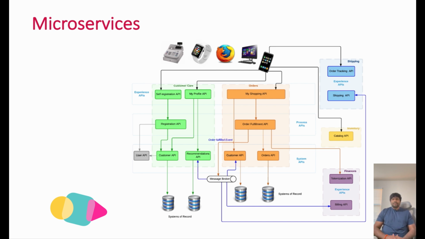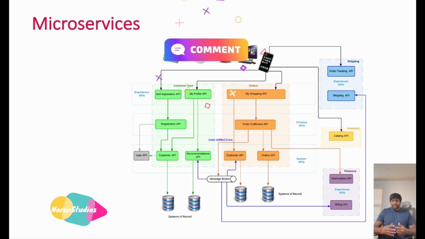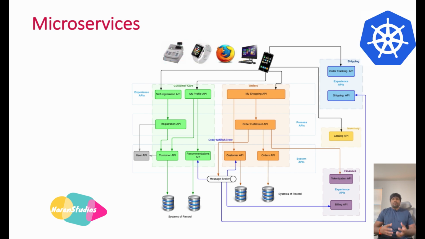Now let us summarize the key points regarding microservices. Microservices is an architectural style of building applications in which the application is built as a collection of loosely coupled services. Each service is built by a small service-oriented team of developers who can be fed by a maximum of two pizza boxes.